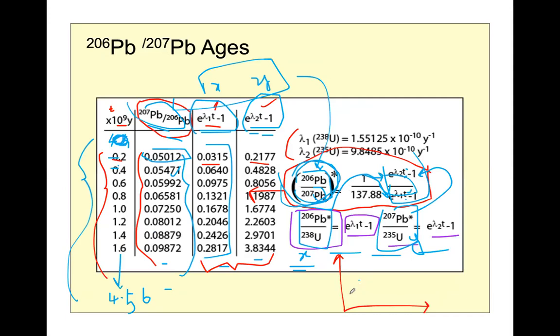You will get some values for different t's starting from 0 to 4.5 or 4.6 billion. You can fill this table and use those values for x and y. You have the couple, so you plot them. When you plot, you will get a curve like this.